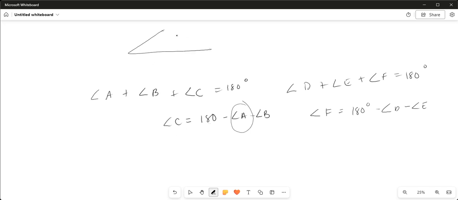The tick marks on the triangle show us that those two angles are equivalent. So for C and F, we don't have any tick marks, but for A and D and B and E, we do. So we can replace those in the equation.